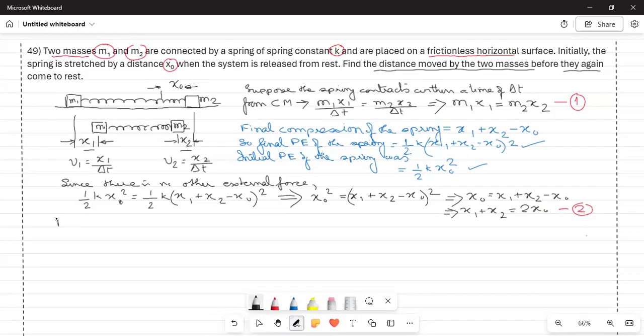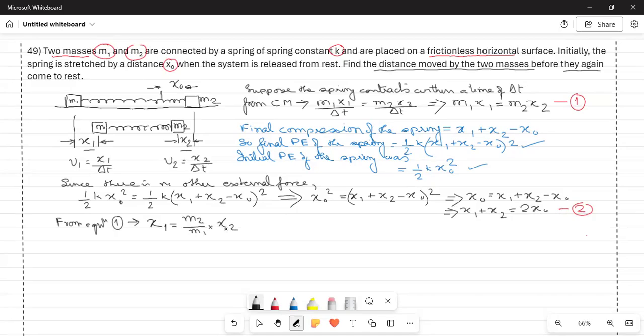So we write from equation 1, we get x1 is equal to M2 by M1 multiplied by x2.